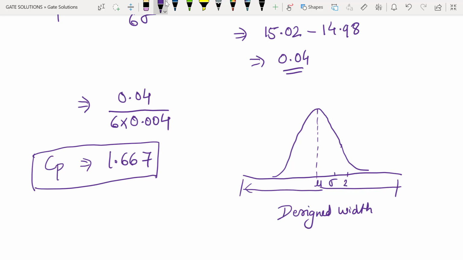Here sigma, 2 sigma, and this is 3 sigma. Similarly, here minus sigma, minus 2 sigma, minus 3 sigma. Now the process capability index is 1.667. Therefore, it means that the design width is much higher than this width, which is called the process width.